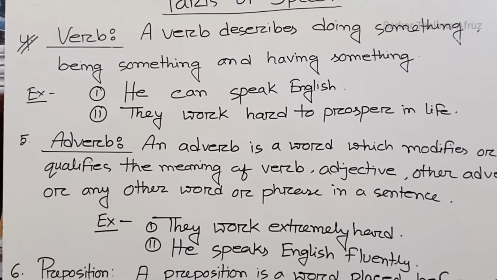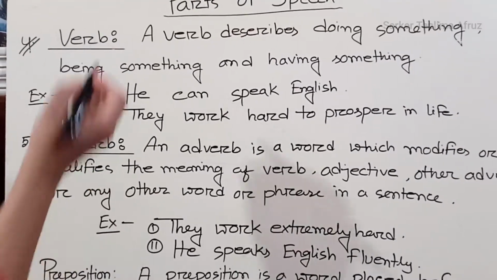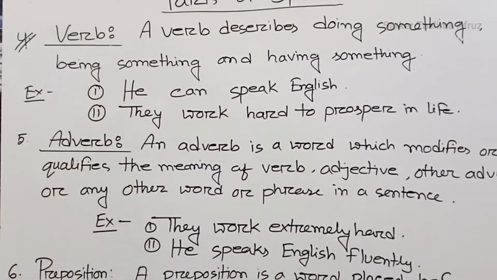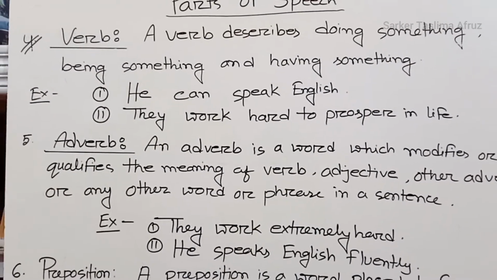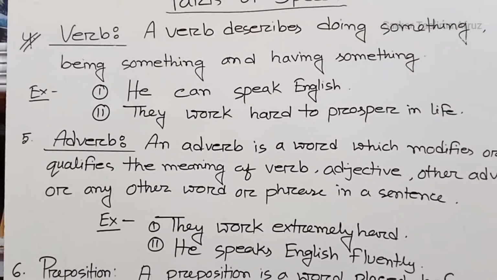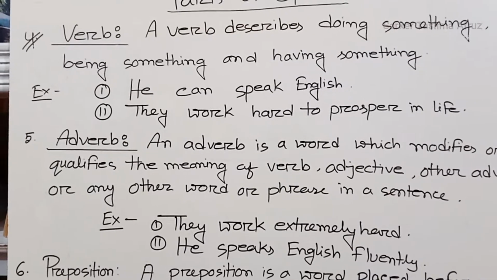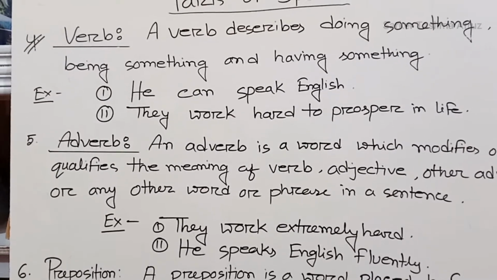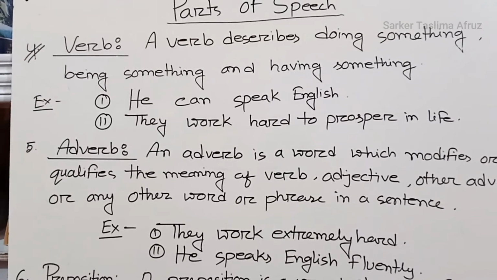So it's very important to have knowledge about verb, because it will help you to write a fruitful sentence. Again I just want to mention, no sentence can be built up without verb. Verb is basically like the heart of English grammar.